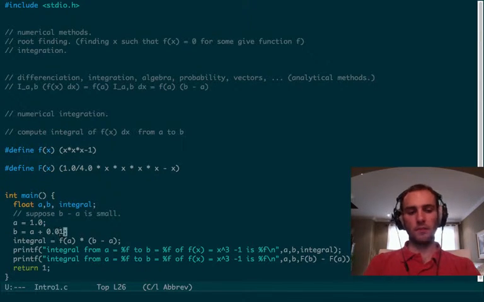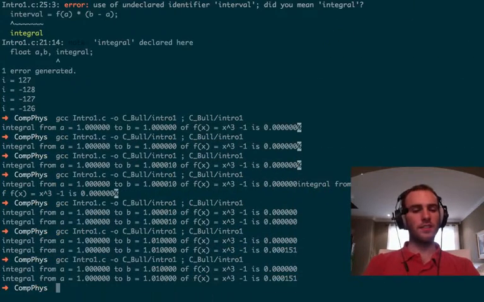But there's a problem with this. So before we go on, let's use double precision. Double precision isn't actually twice as precise. It's much more than twice as precise.